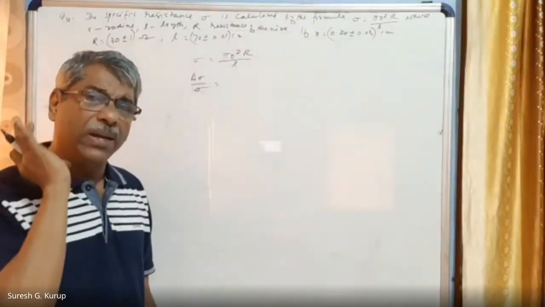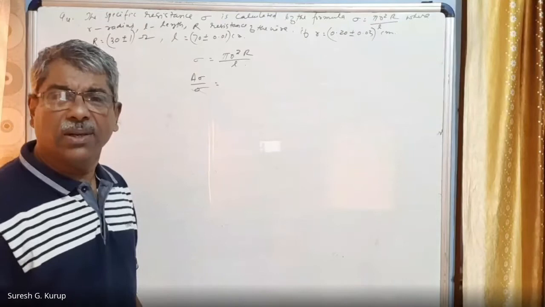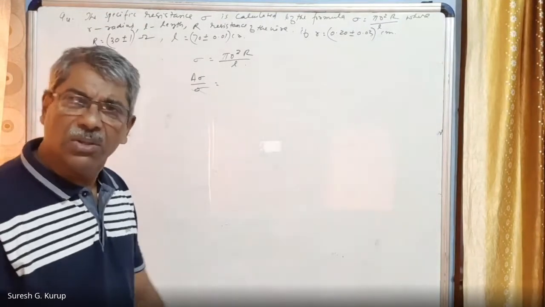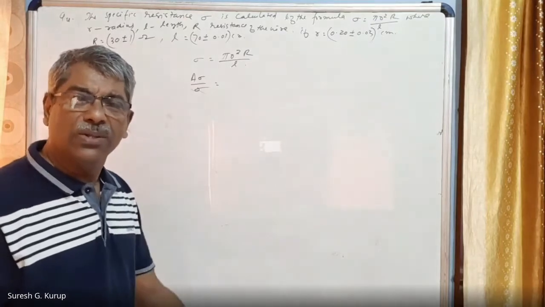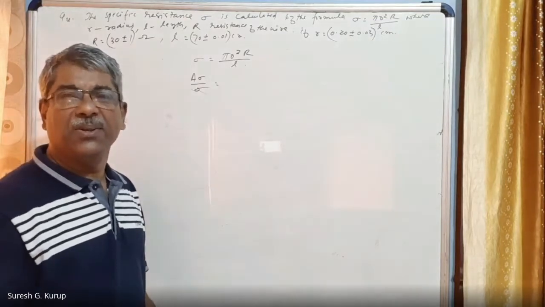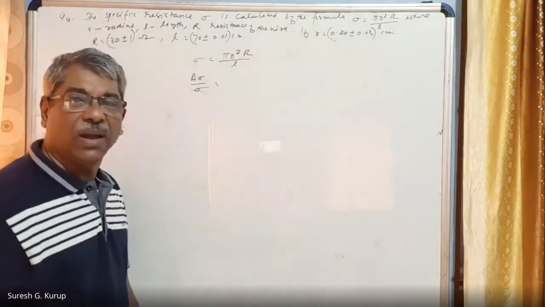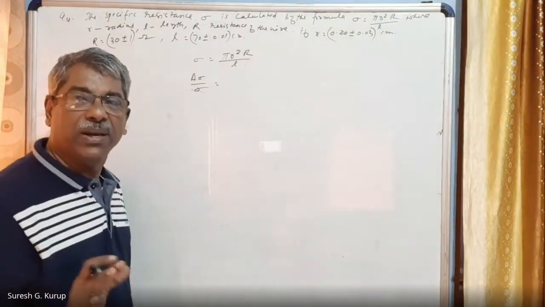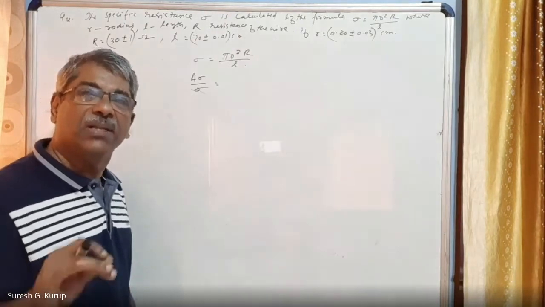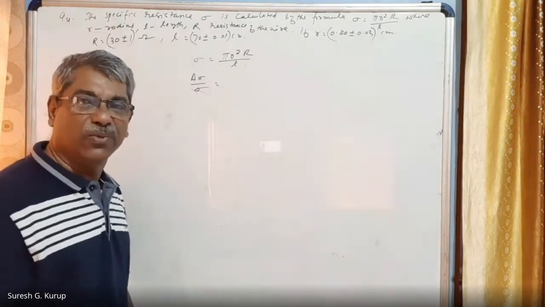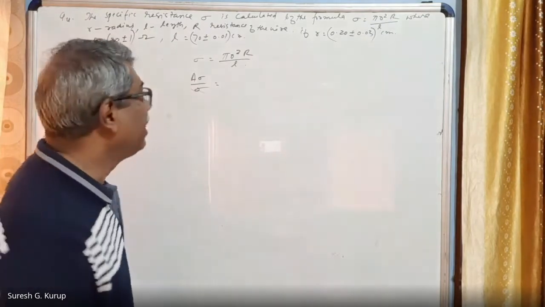So a constant cannot have any error. Constant is a constant only. Pi is not a measured quantity; its actual value is 3.14. No error can happen in that.